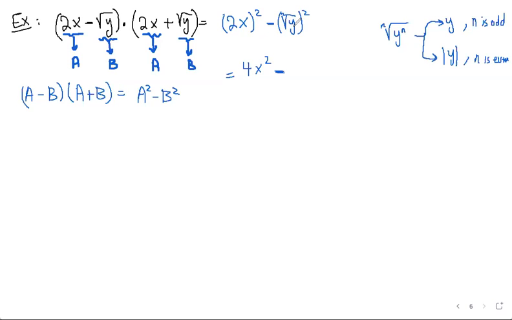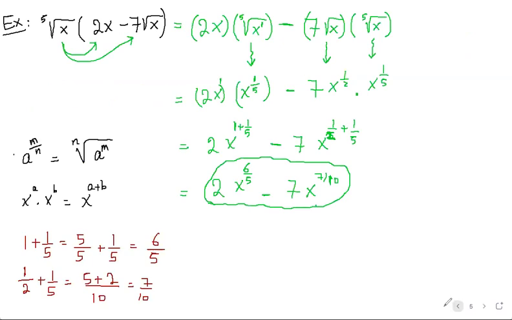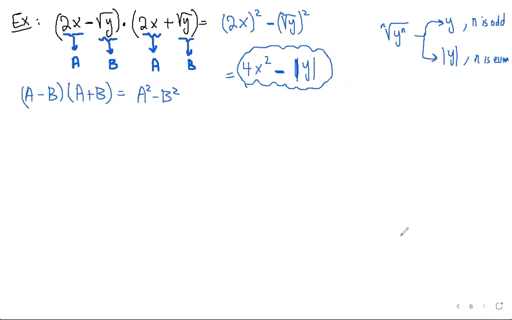And this is the square root of y, everything to the 2. This means, what's the answer? The absolute value of y. So this is the final answer. Any question? Clear now?